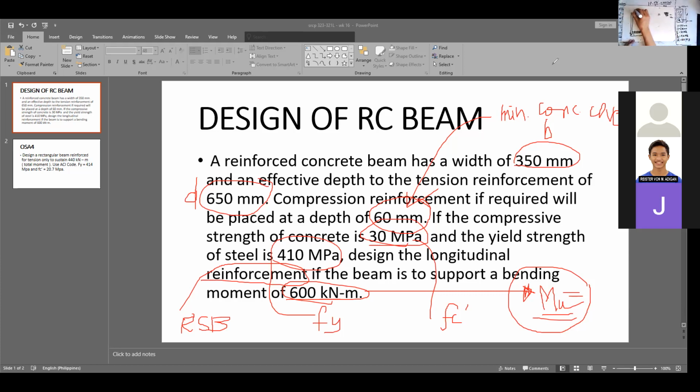So, this is 350 mm. And then, of course, we've got this is 650 mm plus the 60 mm of minimum concrete cover. So most likely ang total dimension nito is 710 mm na beam.